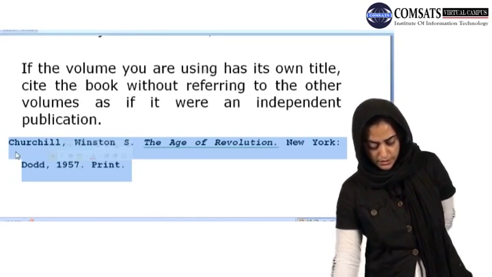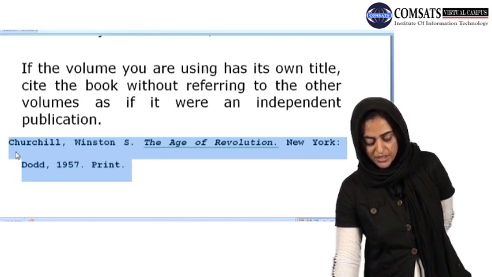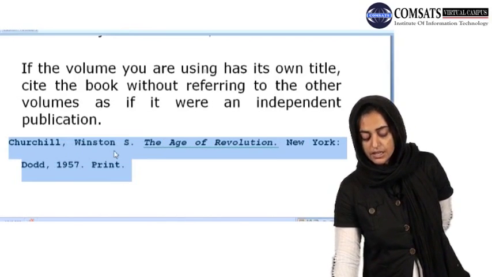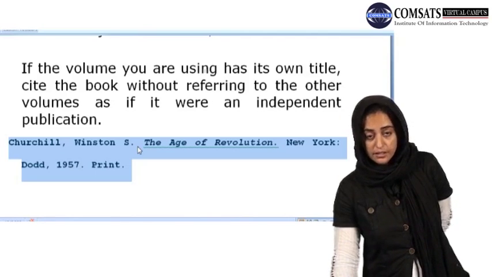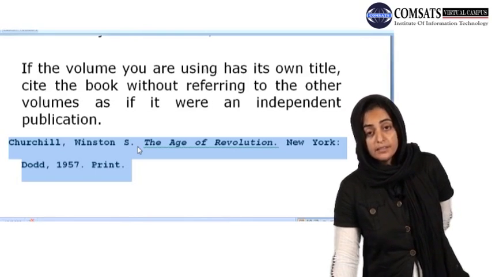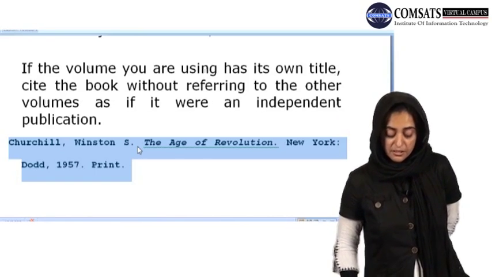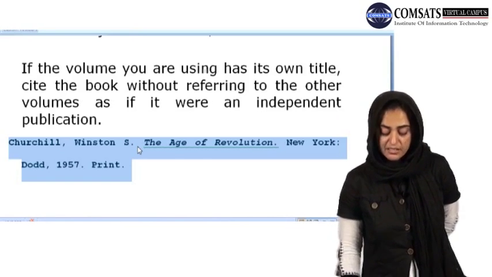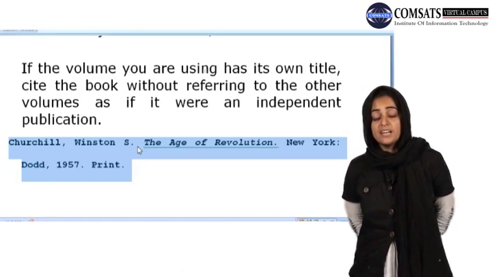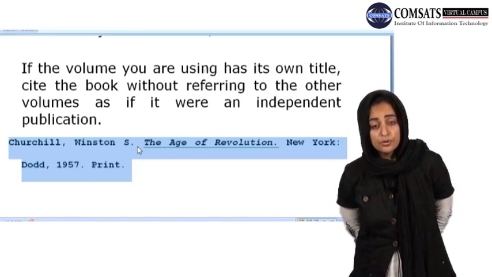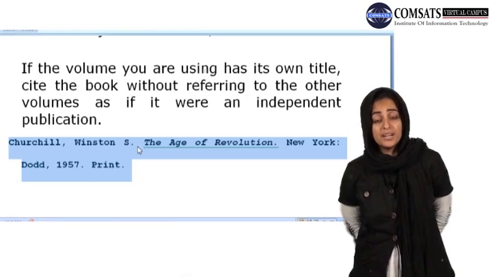This is Churchill, Winston S., The Age of Revolution. New York, the city of publication, then colon, the publisher's name, comma, 1957, the year of publication, print, the medium of publication. So this is the work cited, the detailed reference being created for a particular volume of the book which has its own separate title.